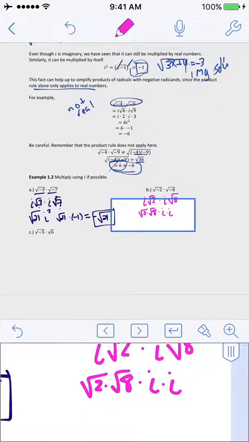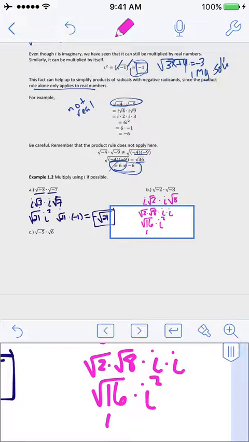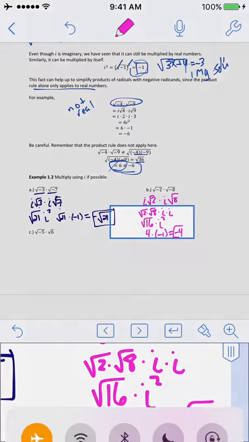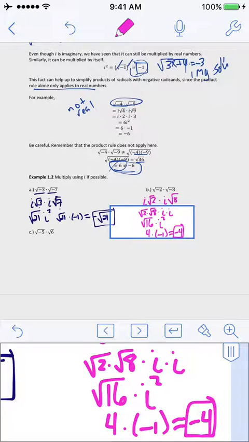Square root of 16 times i squared. Now that is a 4, but now it's times negative 1. I don't get 4, I get negative 4 as my answer. And remember, $4 up versus $4 down in your paycheck, that's a big difference, right? If you're paying $4 to your boss, you're gonna be a little mad.